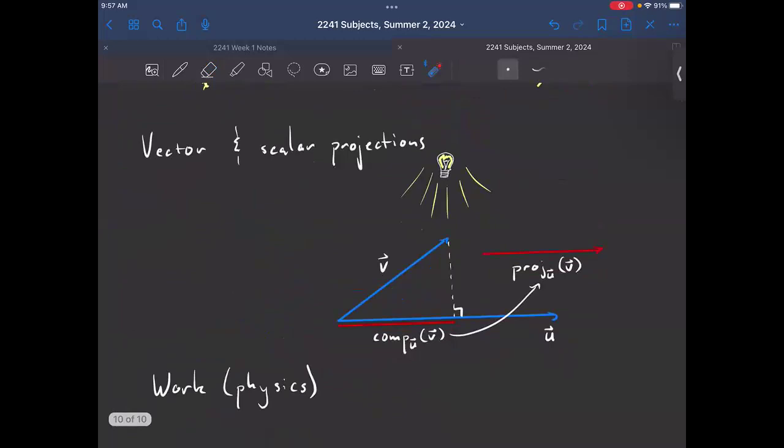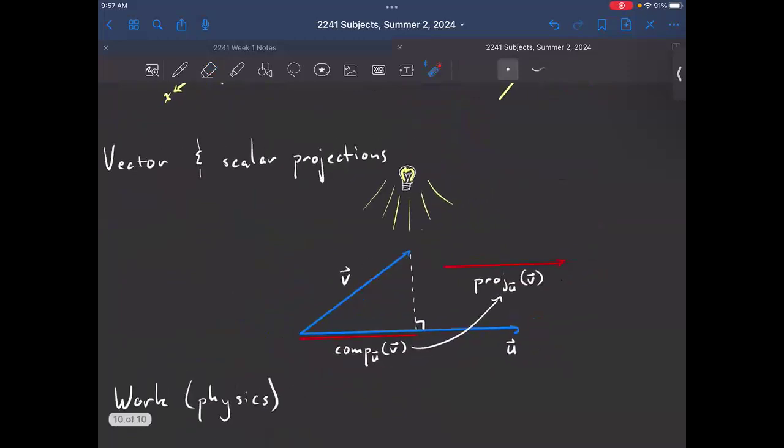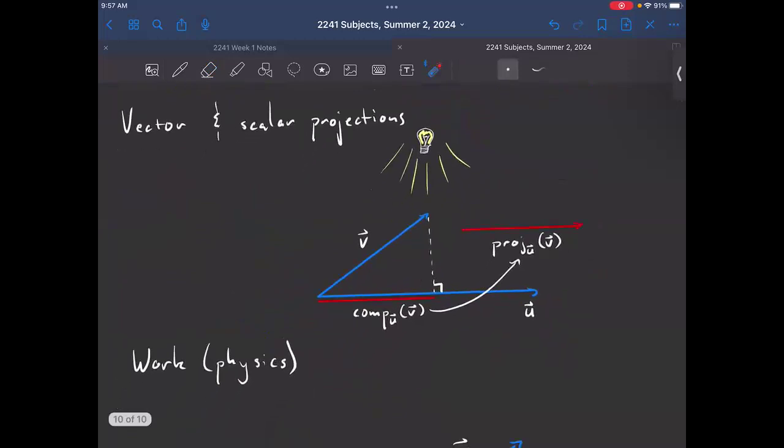All right, so now let's talk about the vector and scalar projections. So the idea behind projection is exactly what it sounds like. You project. You can think of maybe putting a light bulb way out at infinity here, and then the light shining down onto these vectors and at right angles.